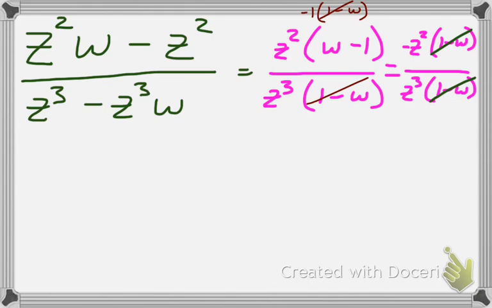Cancel a couple of the z's or subtract the exponents, whatever. All you're left with is this. That's kind of new. Unless you did this exact section in Algebra 1, recognizing that the w minus 1 and the 1 minus w are basically negative 1.